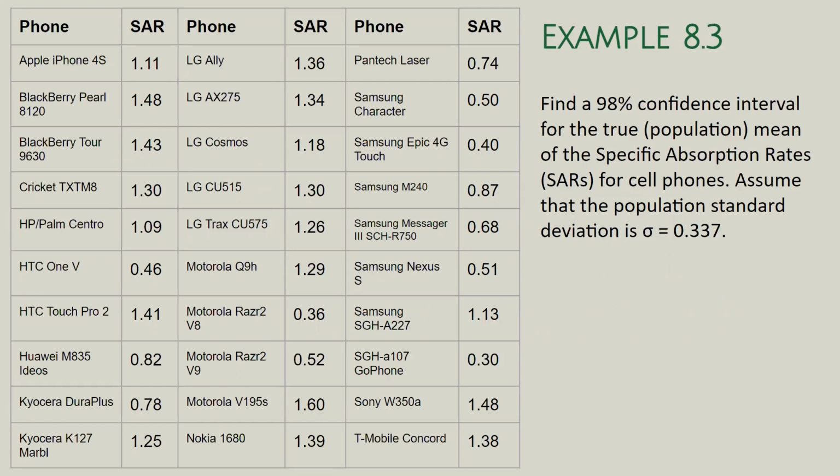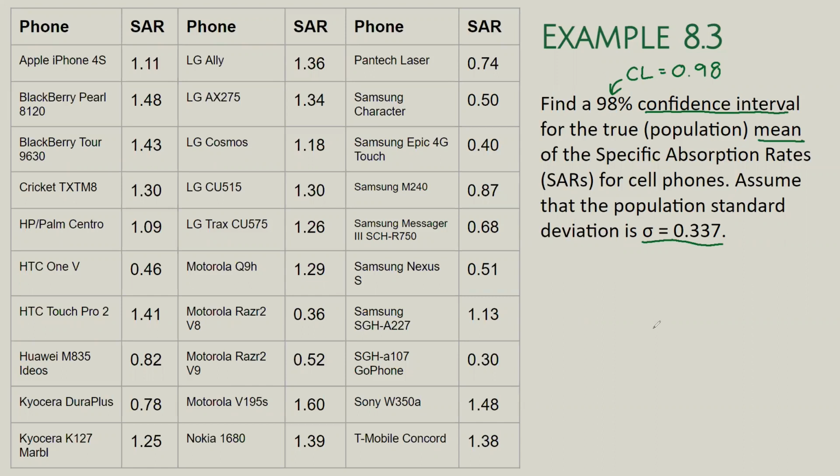So we're given a little bit less here in terms of summary values. We're told we want a 98% confidence interval. So I know I'm finding a confidence interval for the mean, and I know my confidence level is 98%, so 0.98. I'm also told down here that sigma, our population standard deviation, is 0.337.